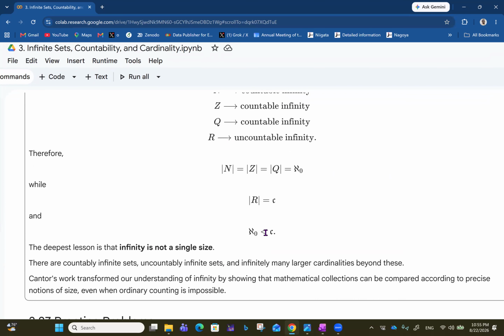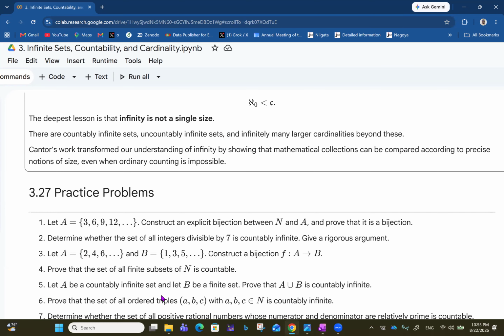Infinities come in different sizes. There are countably infinite sets, aleph zero, uncountably infinite sets, continuum cardinality, and infinitely many larger cardinalities beyond this, such as the cardinality of the power sets of infinite sets. Cantor's work transformed our understanding of infinity by showing that mathematical collections can be compared according to precise notions of size, even when ordinary counting is impossible.